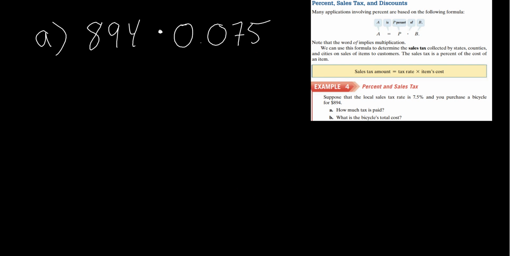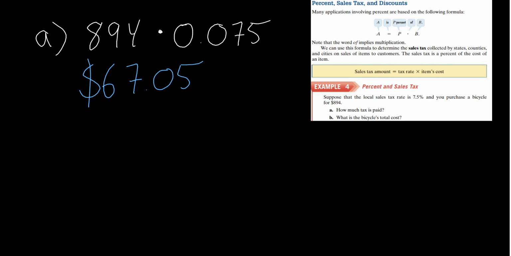So that's all you have to do for the sales tax. Let's do some behind the scenes calculating here. So 894 times 0.075. We're going to be paying $67.05 in tax.